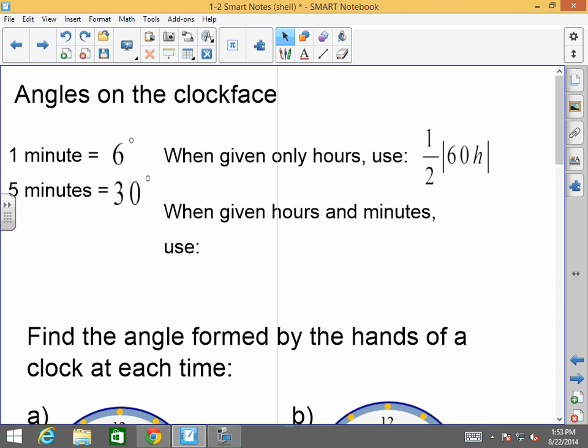I'm going to show you where to apply it now. When you're given a clock face, and let's say it's 2 o'clock or 3 o'clock or 7 o'clock or 8 o'clock or 9 o'clock, on the dot, sharp, you use this formula to find the degrees.